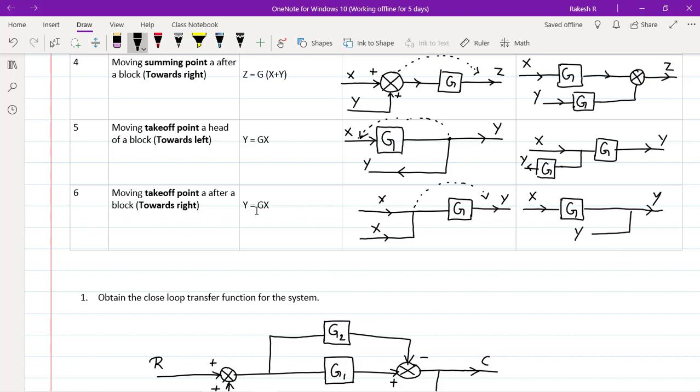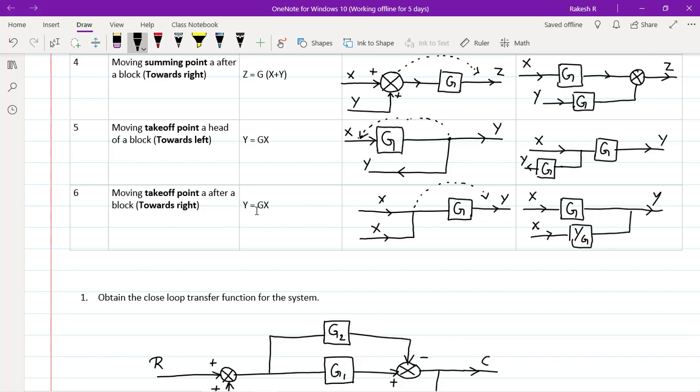This becomes 1 by G here. Initially, when we move the takeoff point towards left, this becomes only G, but here this becomes 1 by G.